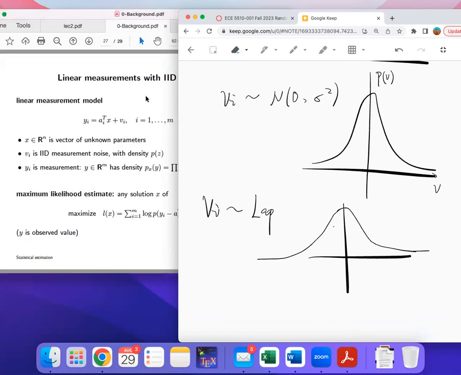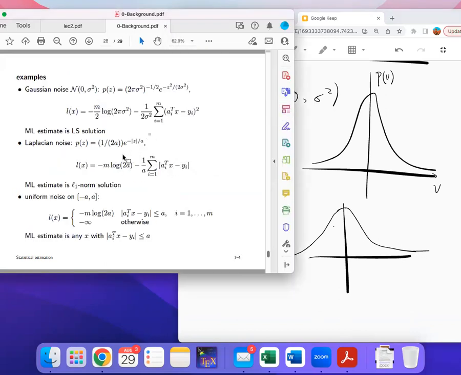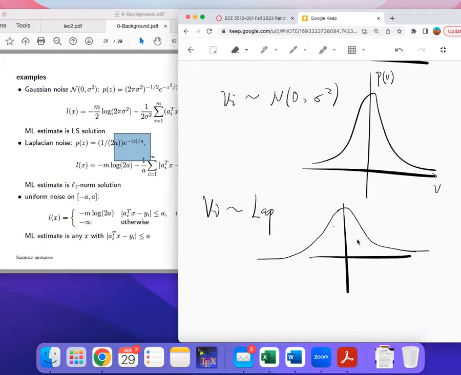Yeah, it's a two-sided exponential function. They're kind of similar, but when the noise goes to infinity, the Gaussian decays faster than the Laplacian.